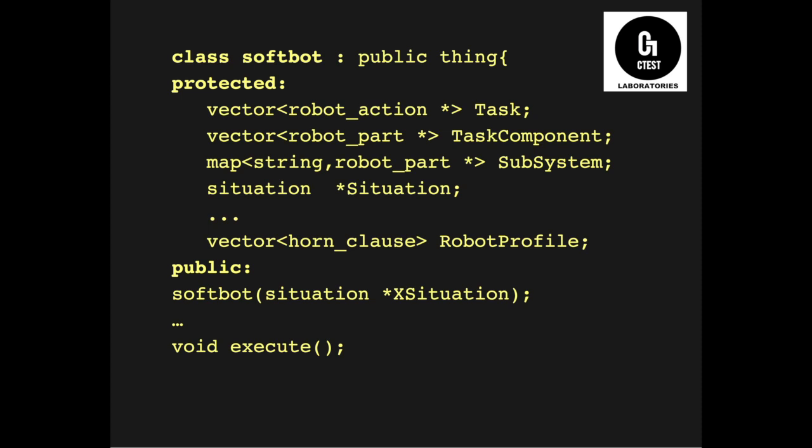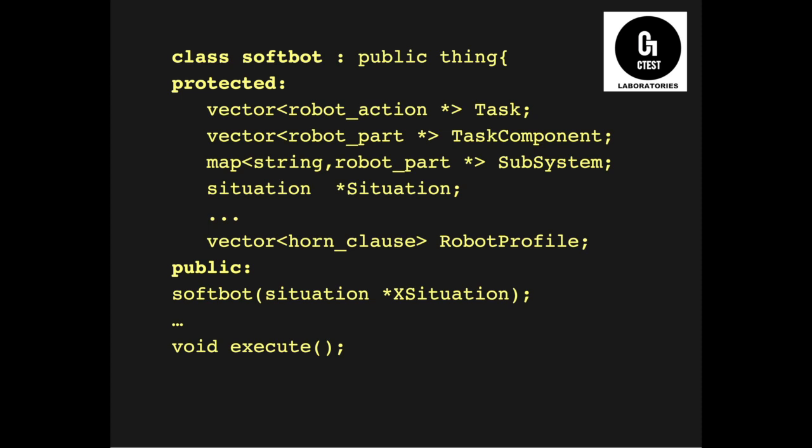This hopefully is highlighting the fact that in order for this SoftBot to really function, it needs access to its situation in the scenario that it's going to be in. Another way of saying that, it needs a model of the context that it's going to perform in. If it doesn't have that model, if it doesn't know what the situation is, if it doesn't know what the scenario is, we're not going to go very far. And that situation is passed in as the constructor.